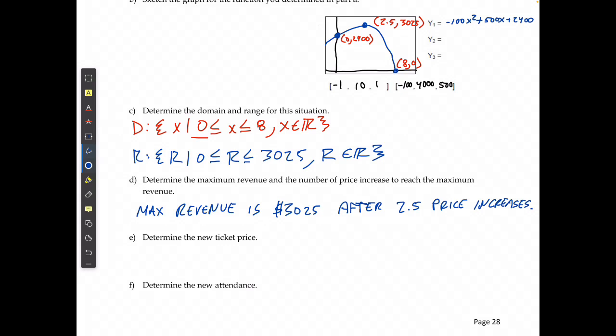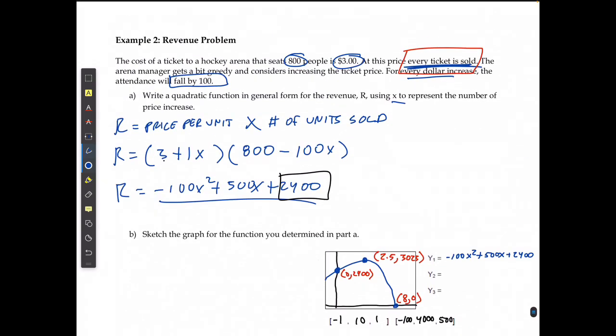What's the new ticket price? Well, if I take a look right here, I said that it was price per unit multiplied by the number of units sold. My price per unit was 3 plus 1x.